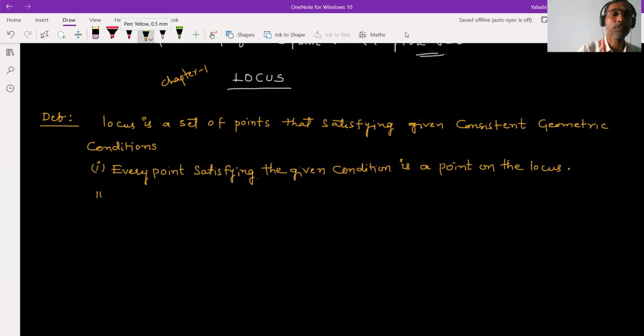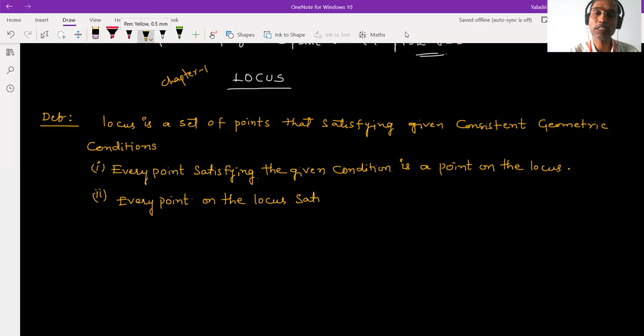Next, second one. Every point on the locus satisfies the geometric conditions.